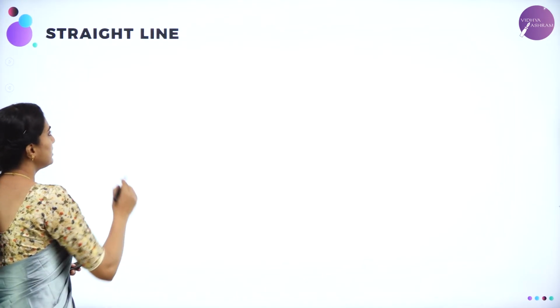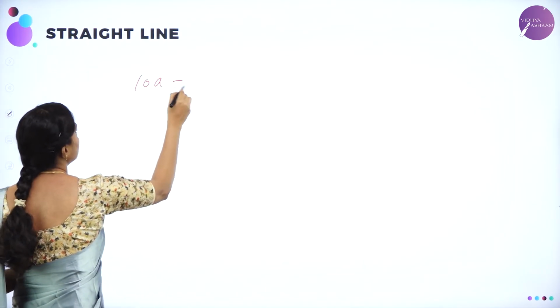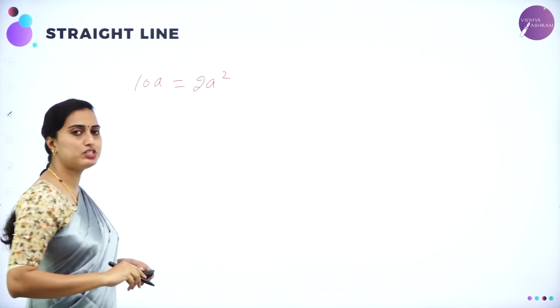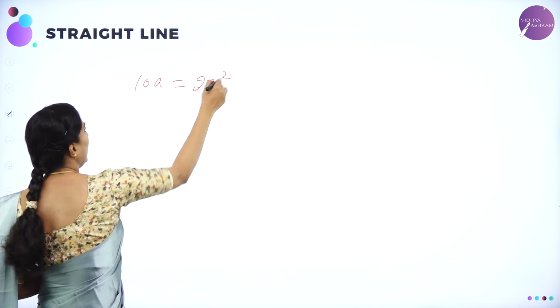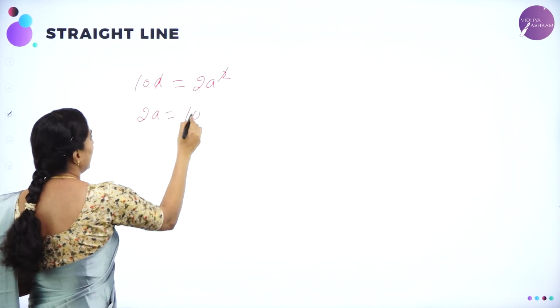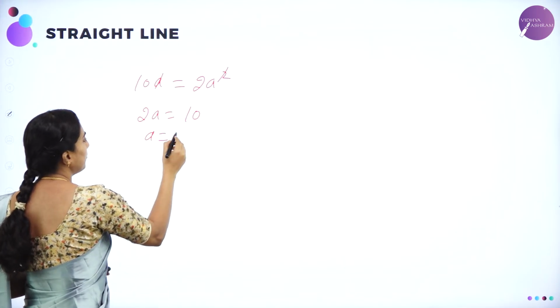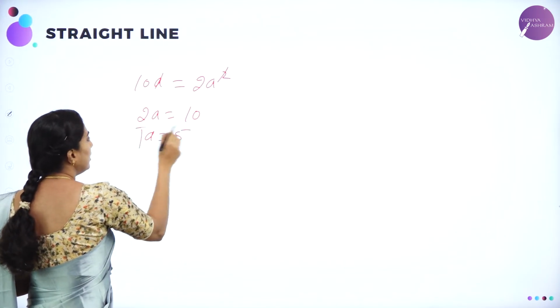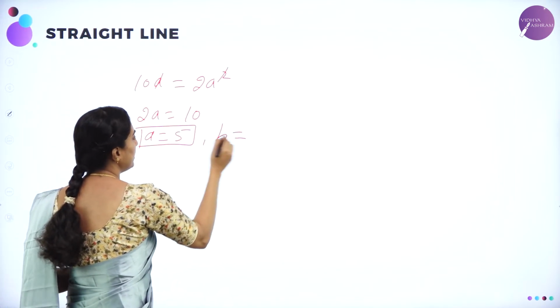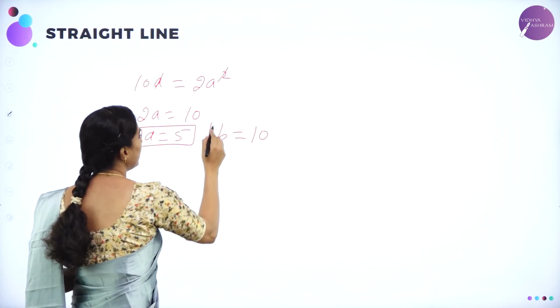By solving, 6a plus 4a is 10a is equal to 2a squared; a will get cancelled. So 2a will be equal to 10, or a is equal to 10/2, which is 5. If a is equal to 5, we know that b is equal to 2a. So b is equal to 2 into 5, which is 10.